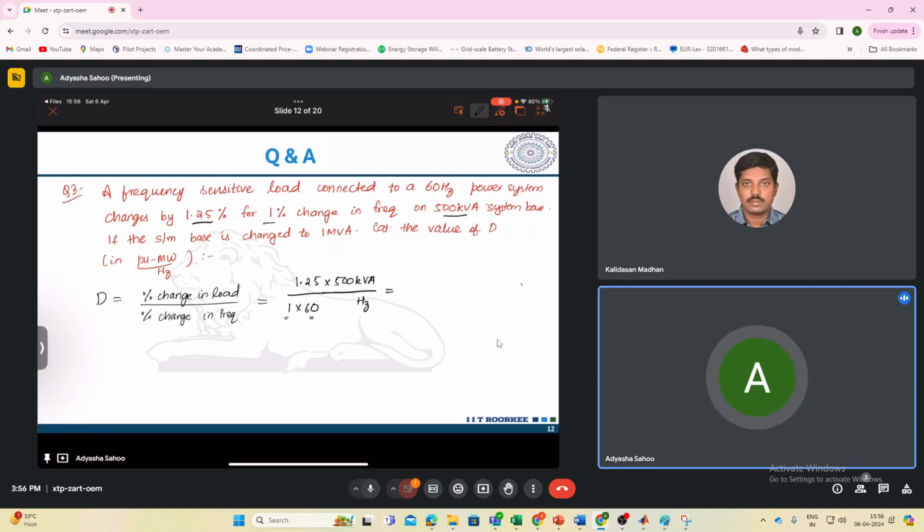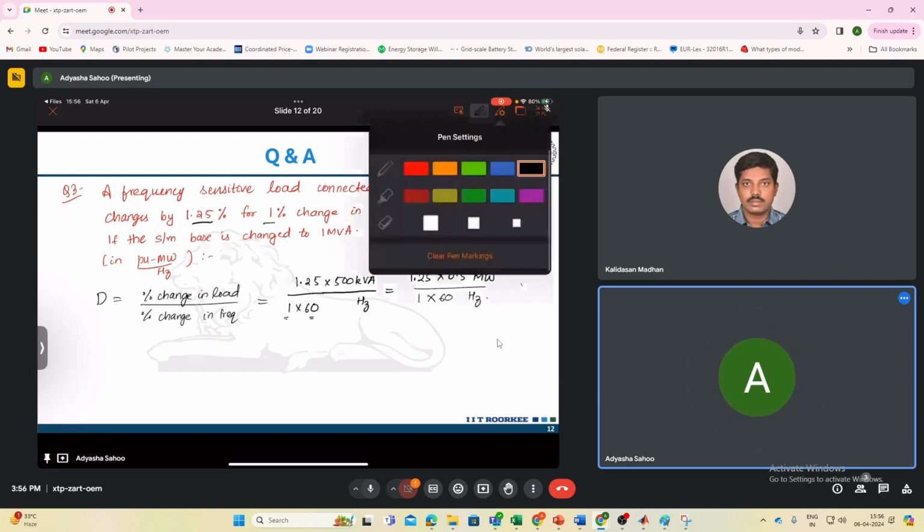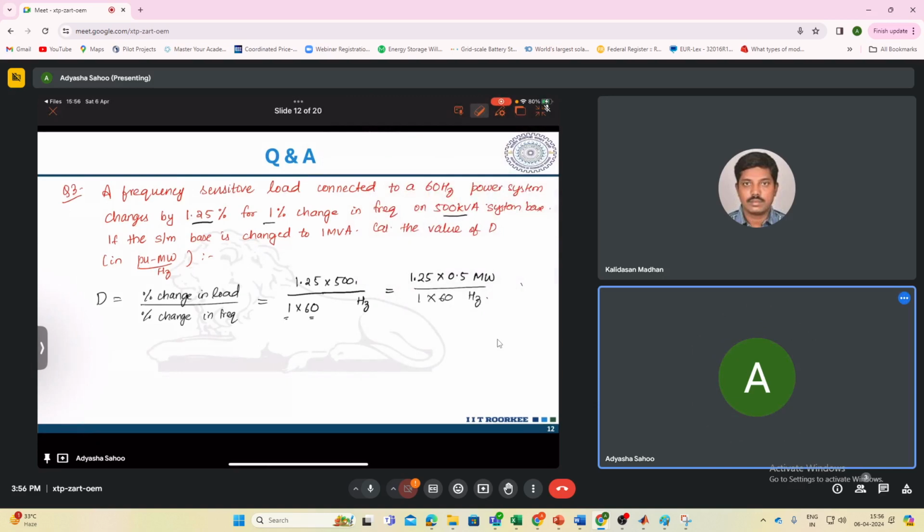If I write it in megawatts, it is 1.25 into 0.5 megawatt divided by 1 into 60 hertz. Now for converting into per unit, the system base is given as 1 MVA.